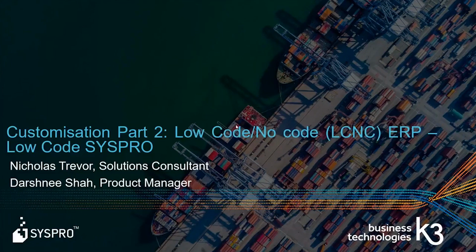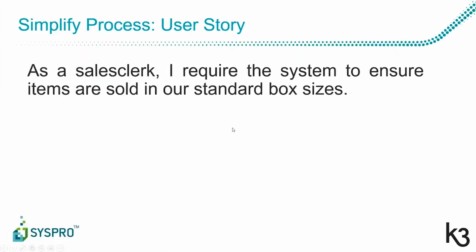So the first part, I've broken this down into user stories. Each one of these models that I'm going to go through is based on a user story. On this particular one, what I want to do is show you how you can tailor SYSPRO's sales order entry screen to feed back to the user and simplify the processes.